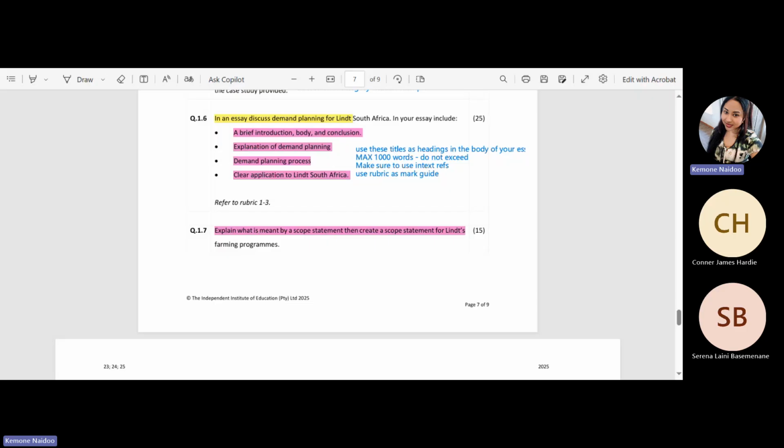Firstly, you need to in-text reference everywhere, but especially in an essay, because sometimes you forget, or sometimes you only reference at the end of an essay, or at the end of a paragraph, and you don't want to do that. In-text references means it is within the text.